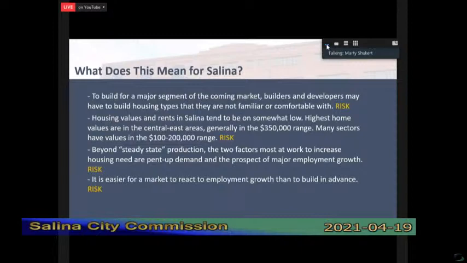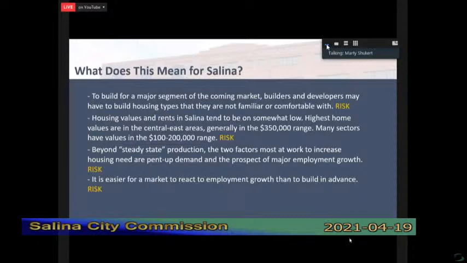One is pent-up demand, because we've been building not just in Salina but throughout the country for a relatively higher end and not meeting the needs of people who are increasingly entering the housing market. We're seeing this, by the way, manifesting itself in the incredible national shortage of available housing, and just talk to anybody trying to look for a house, and it's a pretty incredible problem that's going on right now, as well as major employment growth.